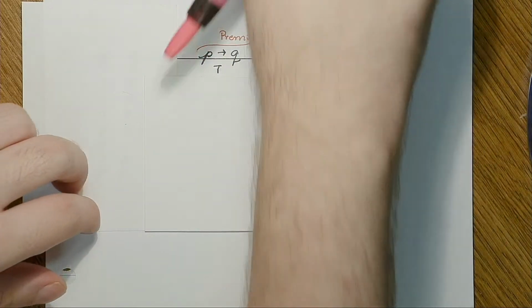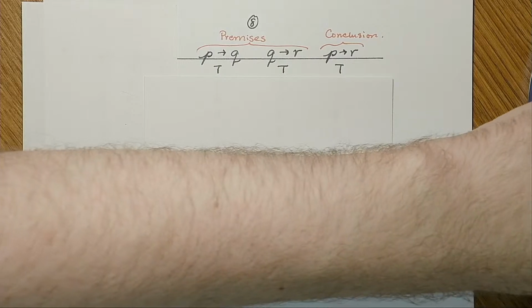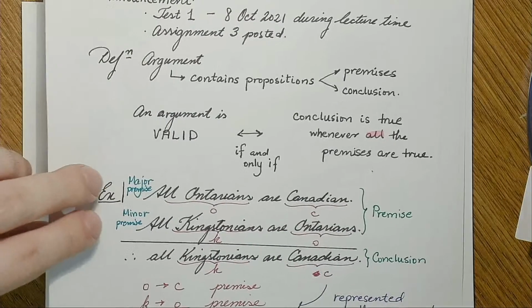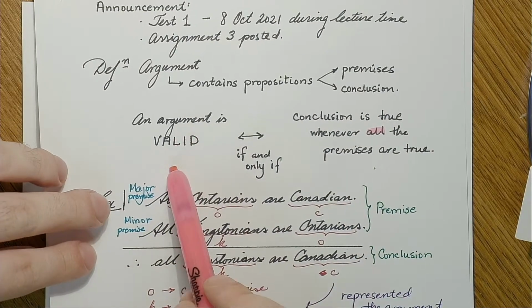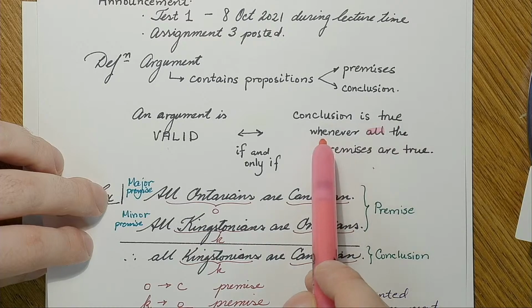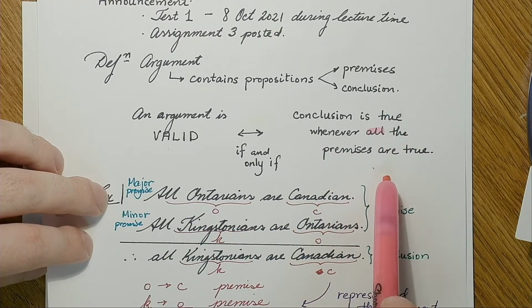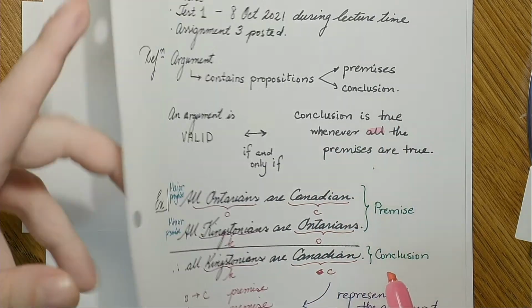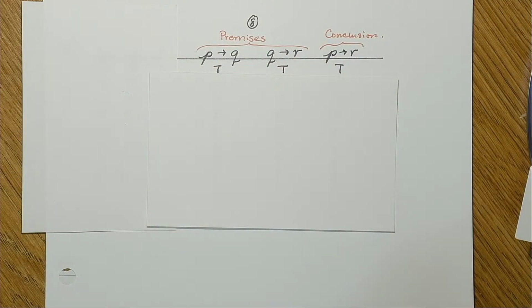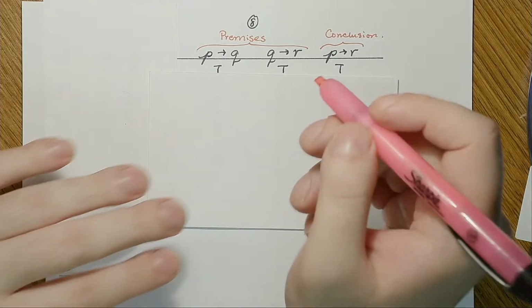So again, going back to our original definition, it's valid if and only if the conclusion is true whenever all the premises are true. Okay. I thought the emoji was, yeah, I thought I had it interpreted correctly, but yes, thumbs up is good too.